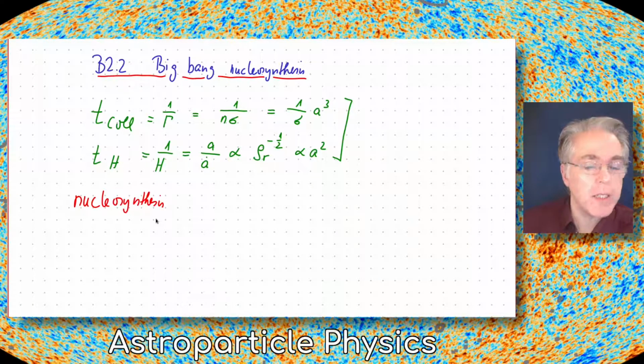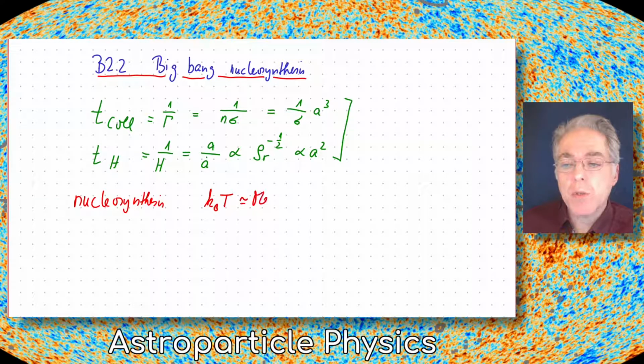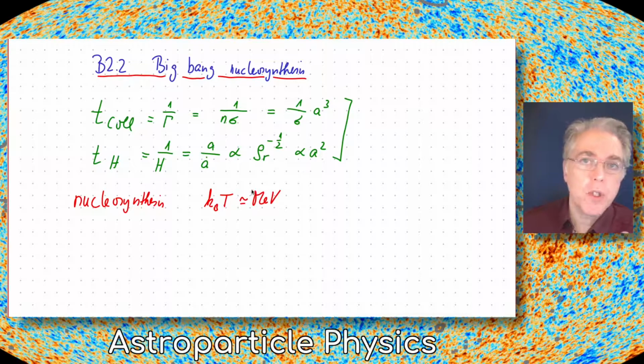That would be at a temperature or an energy, k_B T, of the order of MeV, because we know that's the temperature that we need to drive fusion reactions. Of course, it depends in the end also on the density of the nuclei, but let's assume this is happening at MeV energies.